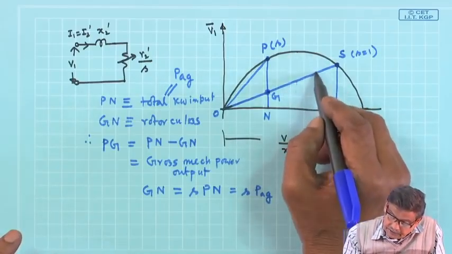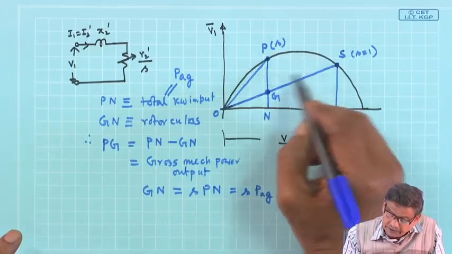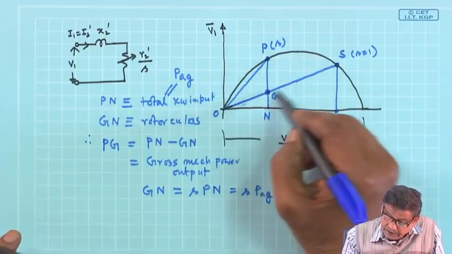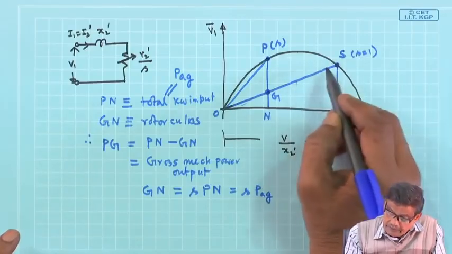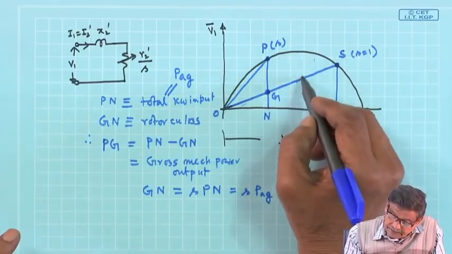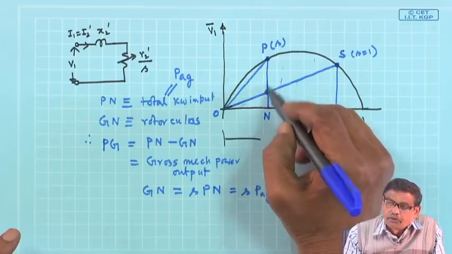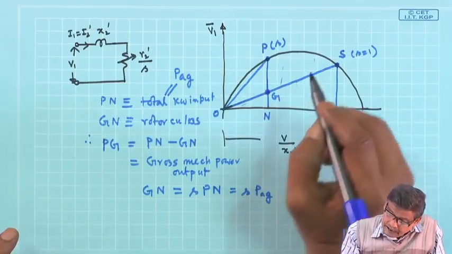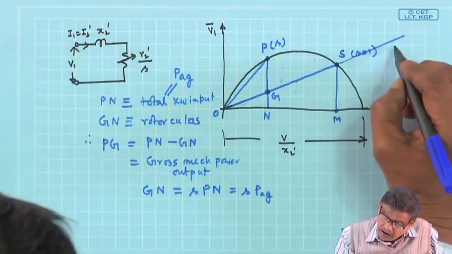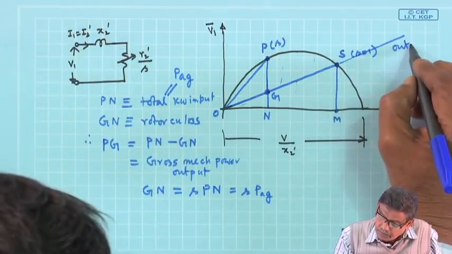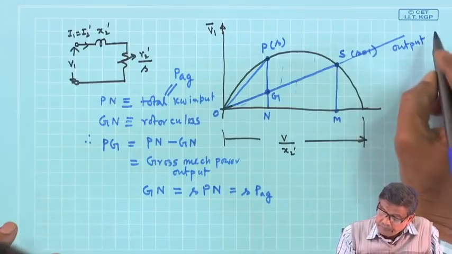Therefore, this vertical interception between the perimeter and the line which corresponds to the standstill condition gives you the mechanical power output. That is why this line is often called the output line, output power line.